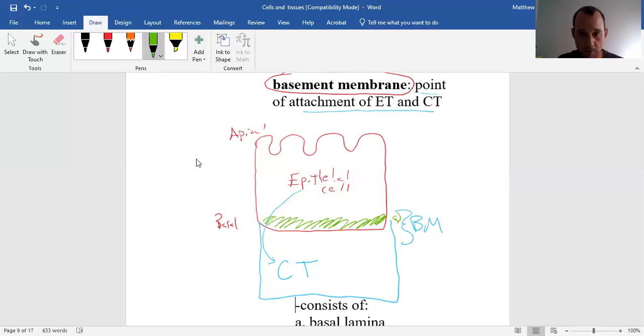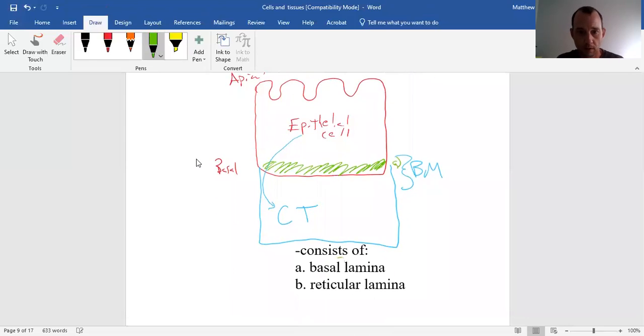So here in A, my basement membrane, the upper basal lamina. So this that I have in green is a part of the basement membrane, and it was produced by the epithelial tissue. So this epithelial cell produces this part of the basement membrane. The reticular lamina is produced by your connective tissue.